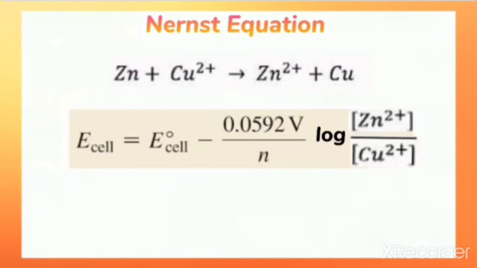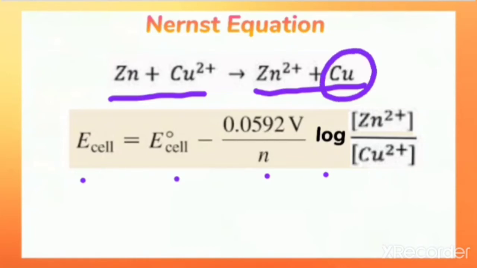So it is very important to know how to write the Nernst equation: E cell is equal to E naught cell minus 0.059 by n log of concentration of the product divided by concentration of the reactant. Since this one is a metal, its value is unity. So we need only the ions here, the concentration of charged ions is required.